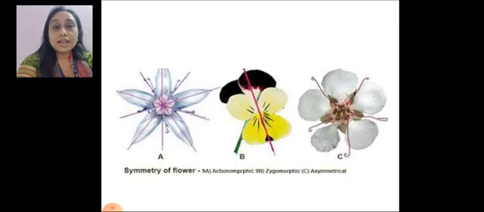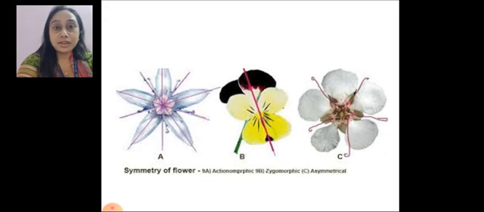Then we studied that flowers are divided into types based on symmetry. Based on symmetry, flowers are divided into three types: actinomorphic, zygomorphic, and asymmetrical flowers.